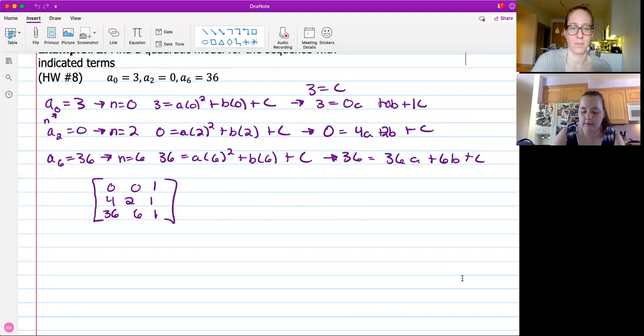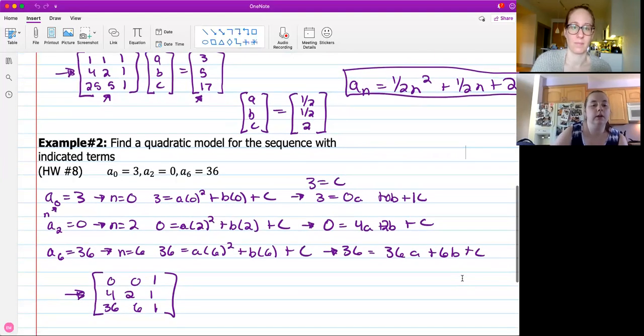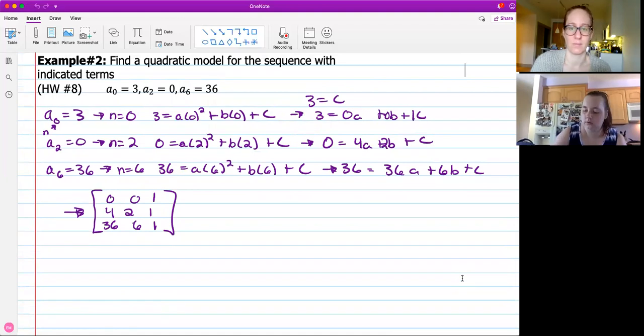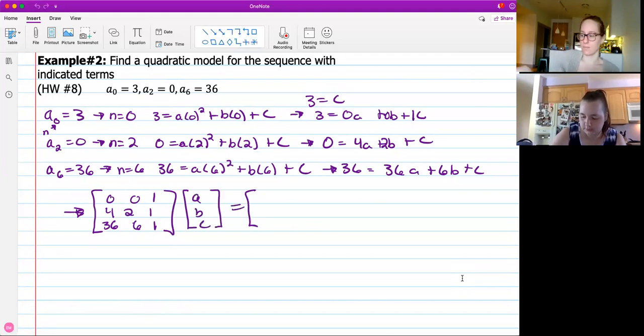And if you notice, our second line is the same as the second line from the earlier example, because we used a sub 2. So keep that in mind if you like patterns. And then we have our variable matrix, A, B, C. And then your solution matrix, which is just 3, 0, and 36.